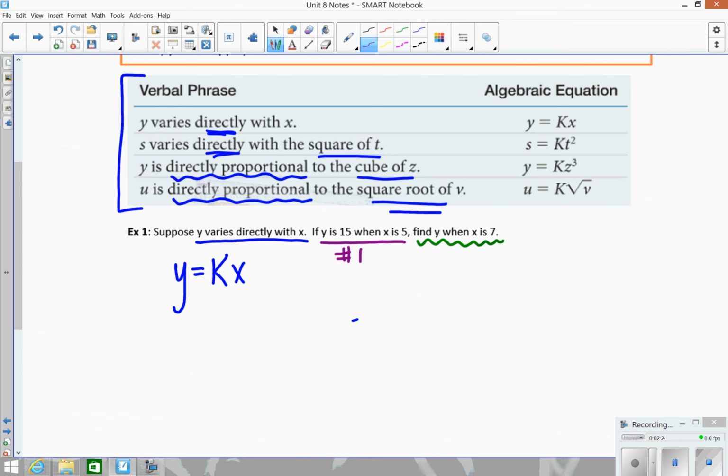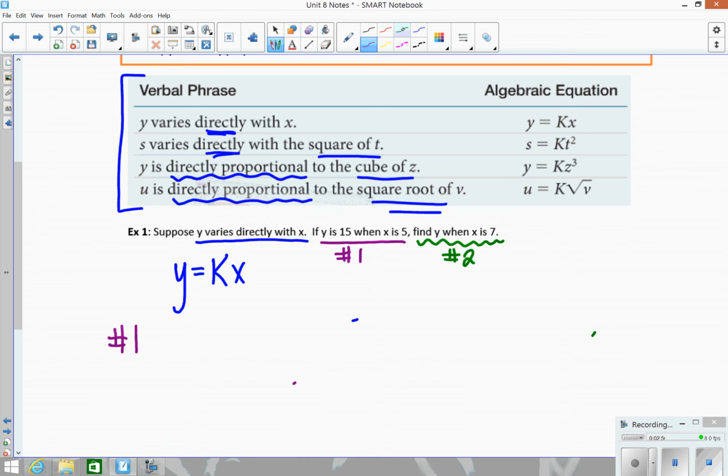We have this first scenario, and then we're trying to figure out y in the second scenario when we know what x is. What you're going to do first is take that first scenario, where they give you x and y, and figure out the constant, and that constant is going to stay the same in both situation number 1 and situation number 2. So first I'm going to take number 1 and plug into this equation.